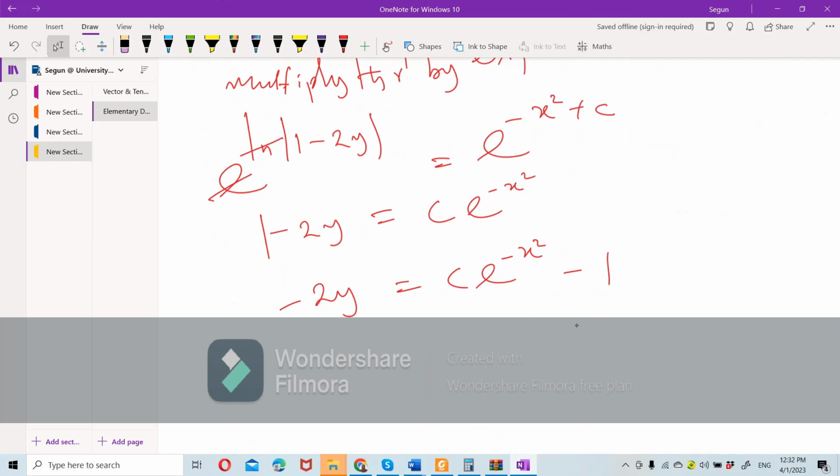Then we can multiply both sides by minus 1 over 2. So we have y equals minus c exponential minus x squared minus 1, all over 2.